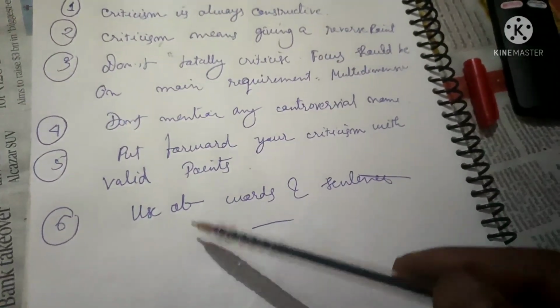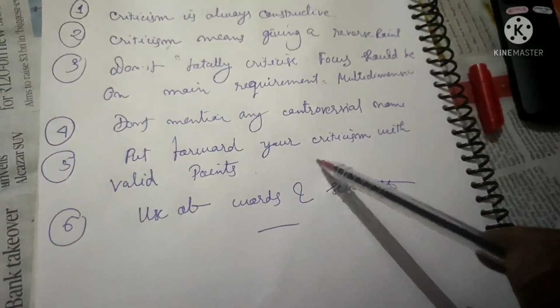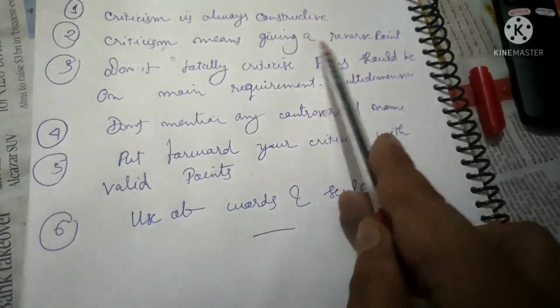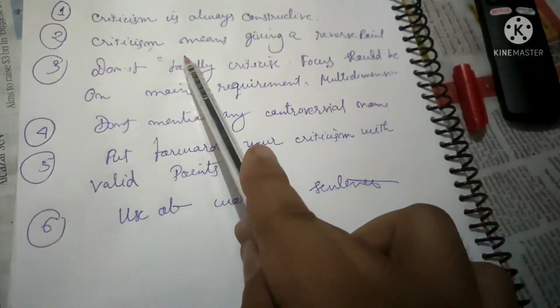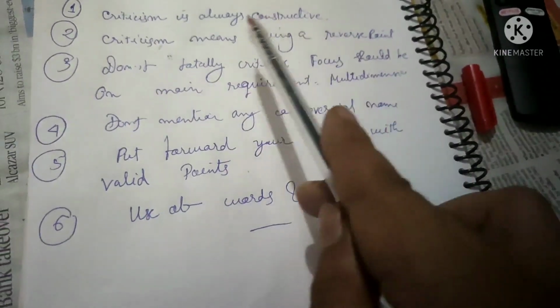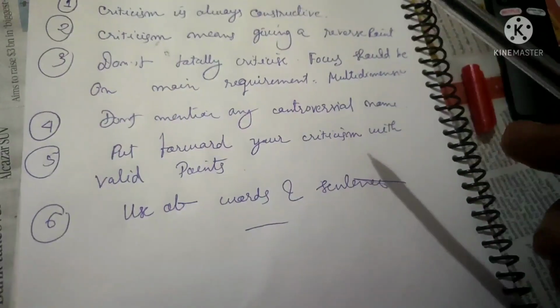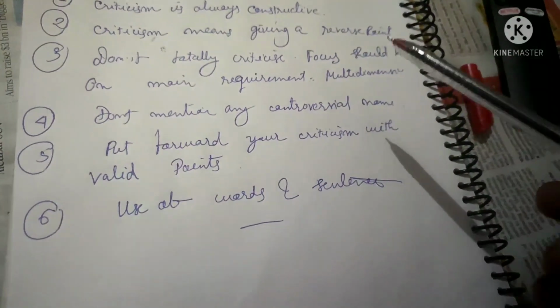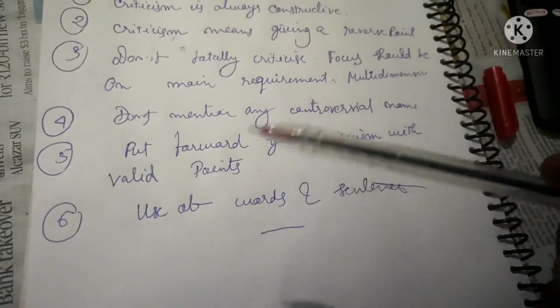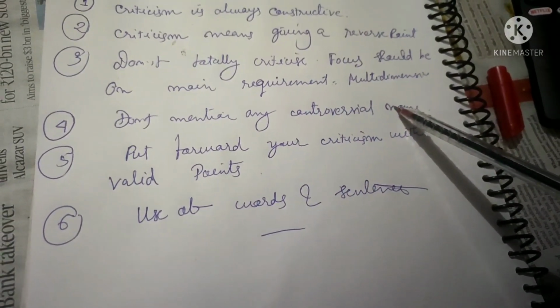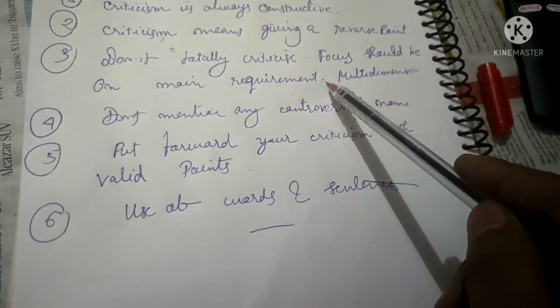So at last, to sum up the video, we can say that criticism in UPSC answer writing is always constructive. Criticism means giving a reverse point. That means against the argument of the question, you are giving one or two lines showing its negative aspects also. Do not totally criticize.